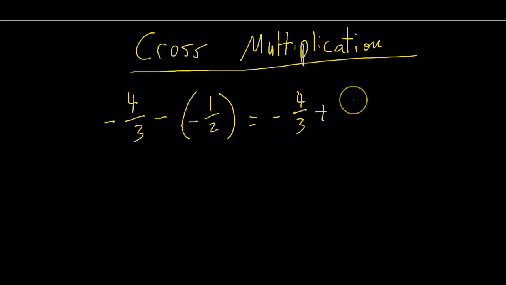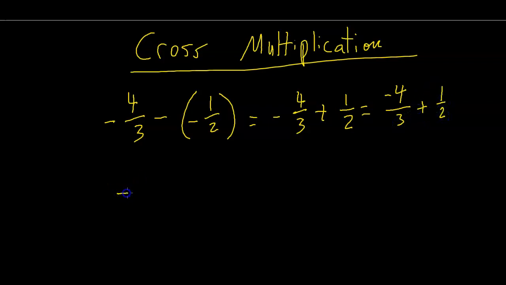So minus negative 1/2 is the same as plus 1/2, right? Okay, so now from here we can do a cross multiplication. And when you're doing your cross multiplication and your first number is a negative, here's how you want to treat that. You want to treat that as if that negative is applied to the numerator. All right, that's going to make this operation a lot easier.